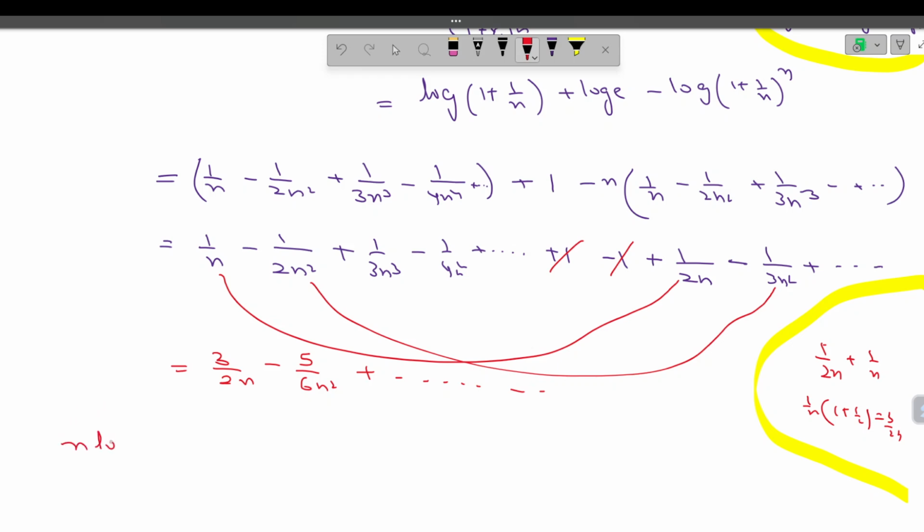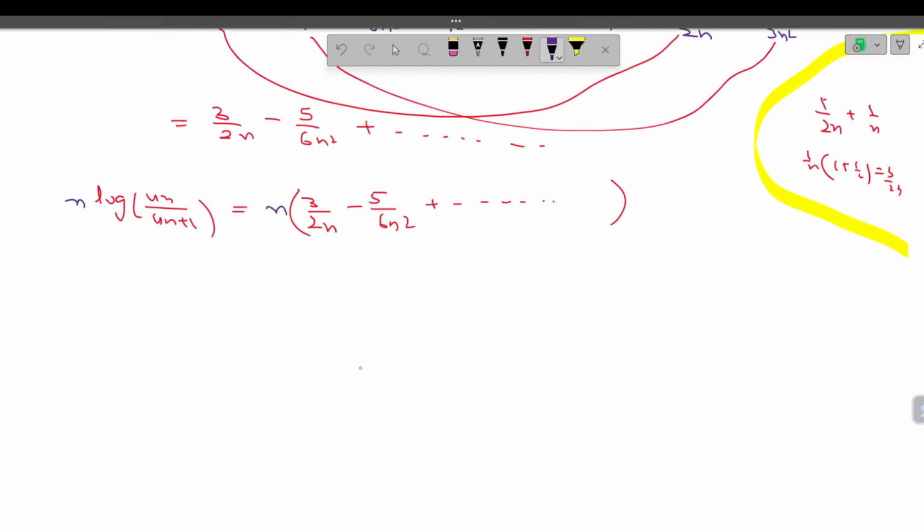So if you apply n into log un by un plus 1, what we are doing here is multiplying by n. Take n, this will become 3 by 2 minus 5 by 6n plus so on.